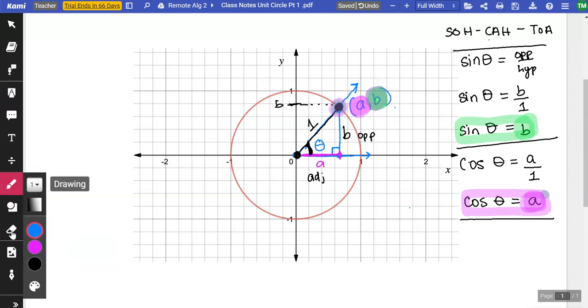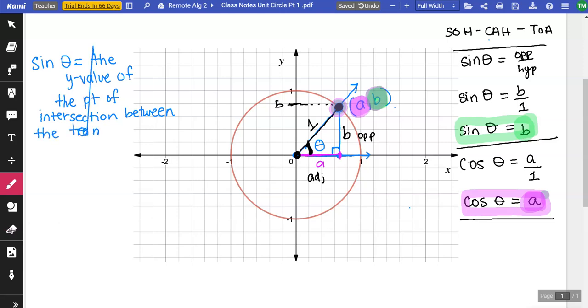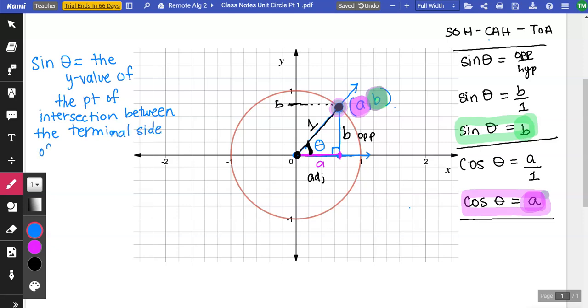So what I'm saying is that the sine of theta is equal to the y value of the point of intersection between the terminal side, excuse my sloppy writing, the terminal side of angle theta and the unit circle.